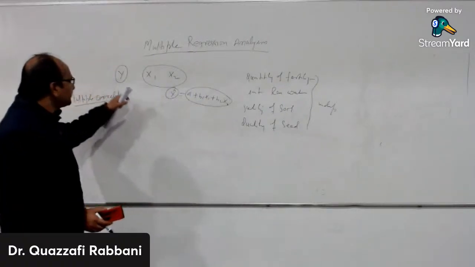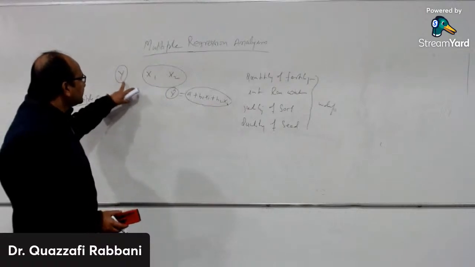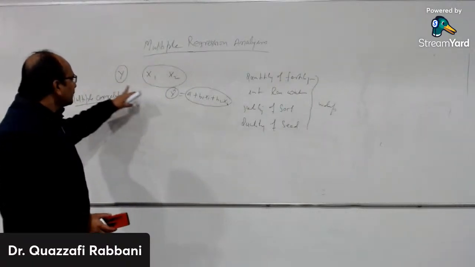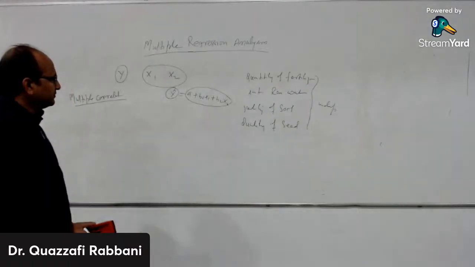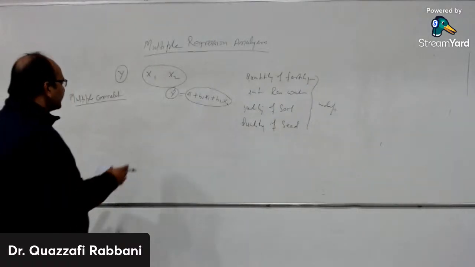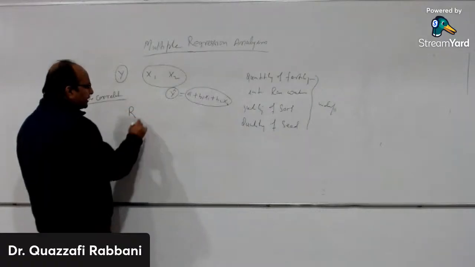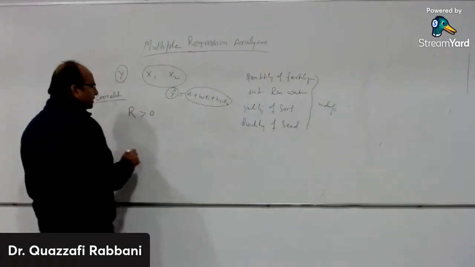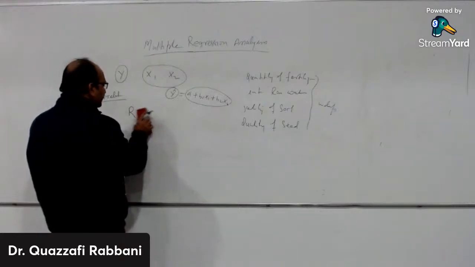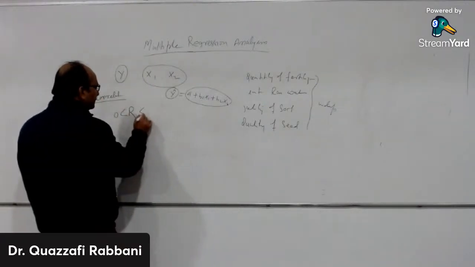So the relation between y and the estimated value of y is known as multiple correlation. Multiple correlation is denoted by capital R, and the limit of multiple correlation is always greater than 0. So you can write the limit of R is 0 to 1.